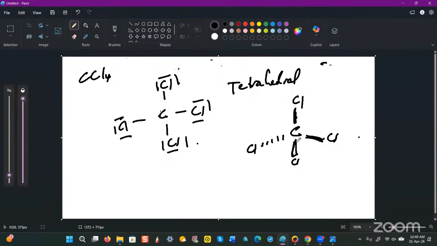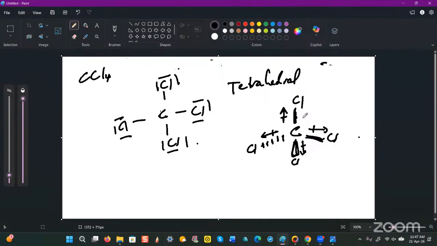This wedge-shaped bond right here represents the bond that is sticking out of the plane of the screen, and this bond here with these parallel lines represents a bond that is sticking behind the plane of the screen, right? So if all these atoms are identical, you're going to have one dipole acting in that direction, the same magnitude dipole acting in this direction, the same magnitude dipole acting this direction, and in this direction, right?